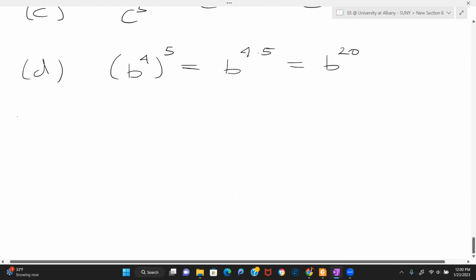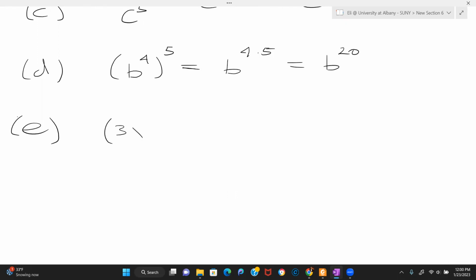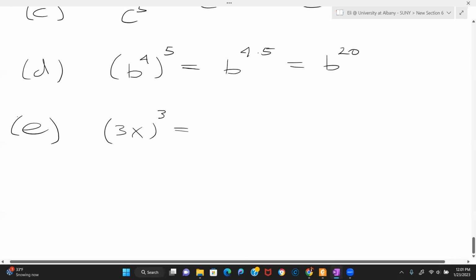So now we have E: 3x to the 3rd. This is the one we were just looking at, actually. This law is based on the fact that multiplication of real numbers is commutative.